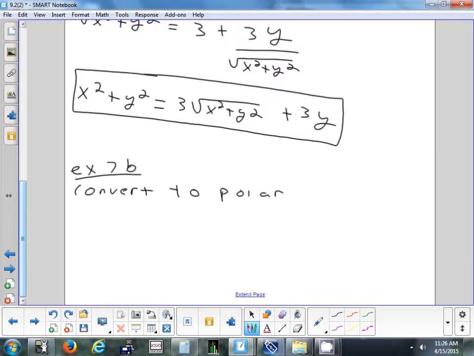And what I'd like to do is write the equation of a line with a slope of m and y-intercept b in polar. So to do that, we need to start with just the equation of a line in rectangular. What's the equation of a line in rectangular form?